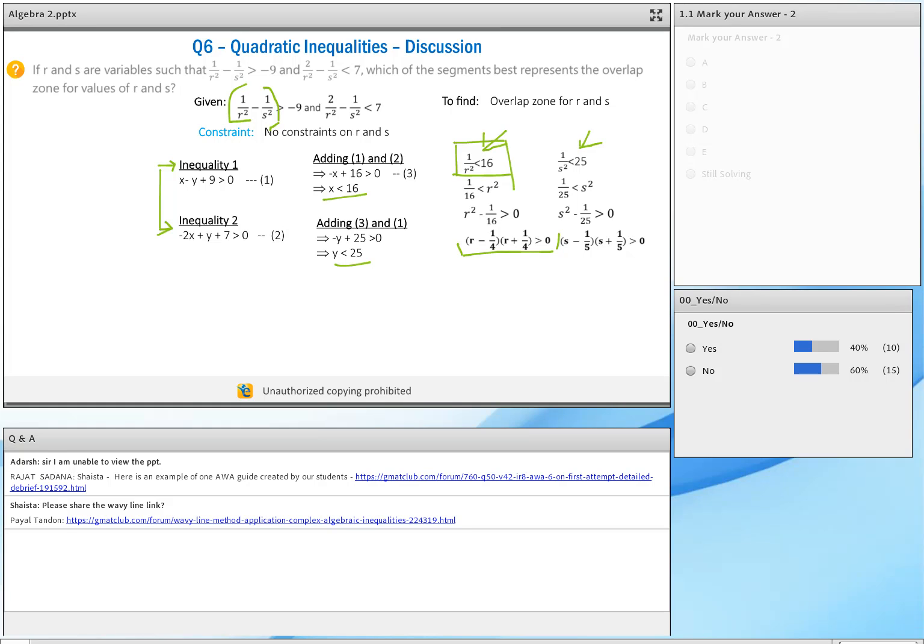You do the same thing for 1 by s square is less than 25 as well. Now all you have to do is plot it on your number line to get the overlap zone, and you'll notice that the overlap zone between s and r is nothing but the zone for r, and that's your answer, choice A.